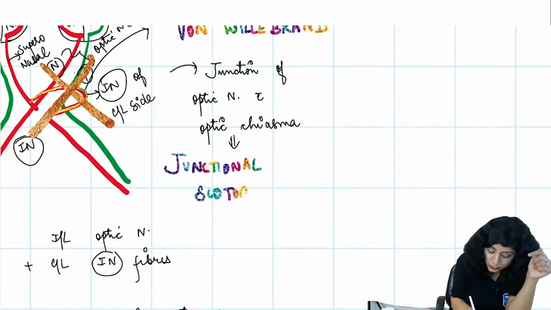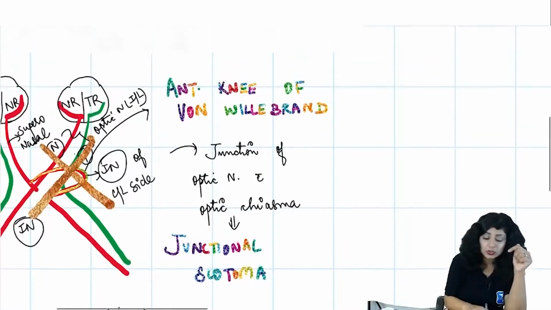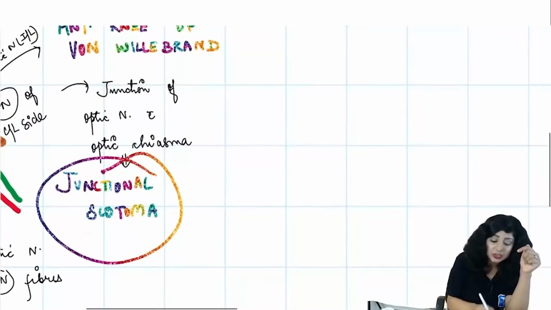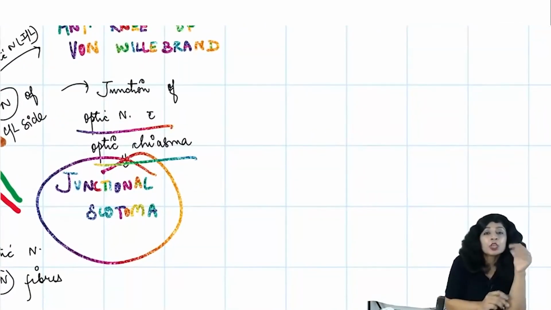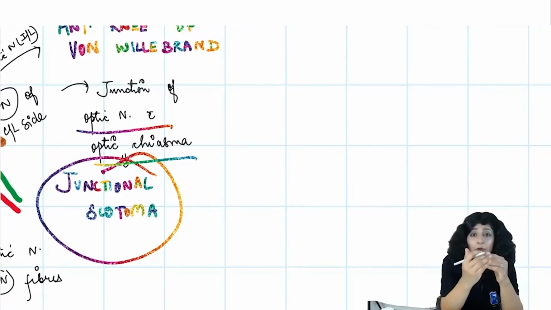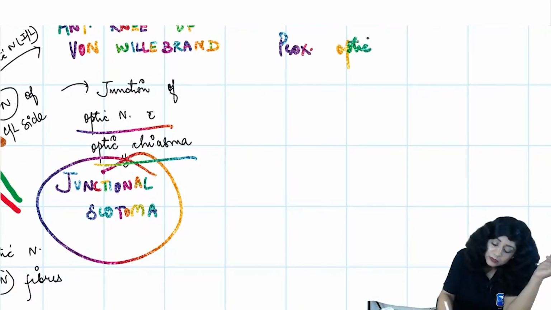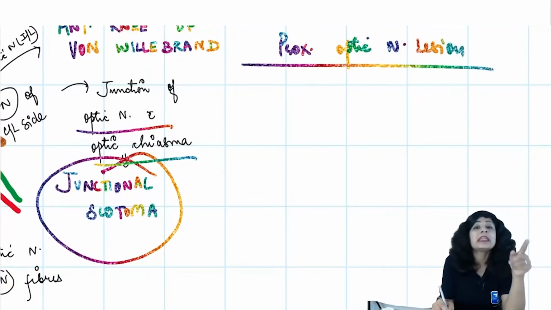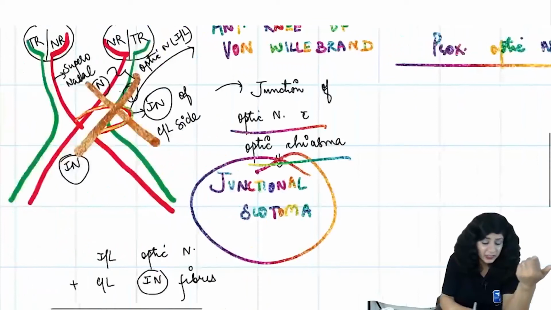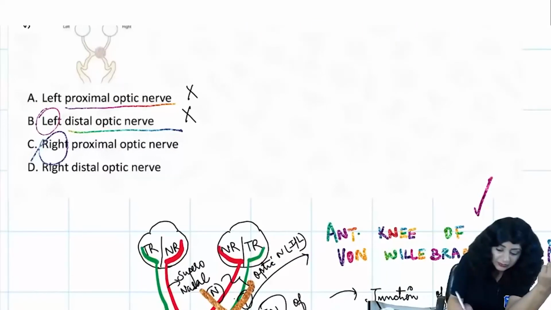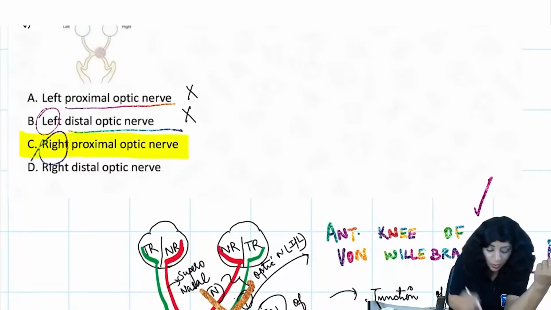Because the involvement of the optic nerve is just proximal to the optic chiasma, this is a proximal optic nerve lesion. And which side? Right. So my answer will be right proximal optic nerve lesion.